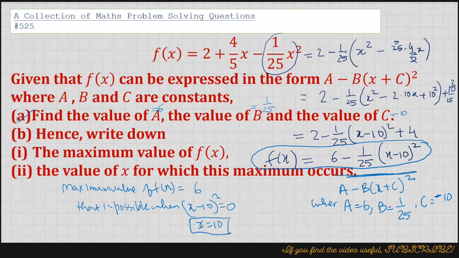So when x equals 10, this would be 0, not when x equals minus 10, that doesn't work. So x equals 10, then this term would be 0 and this whole thing within is 6 minus 0, and that will give us f(x) equals 6.